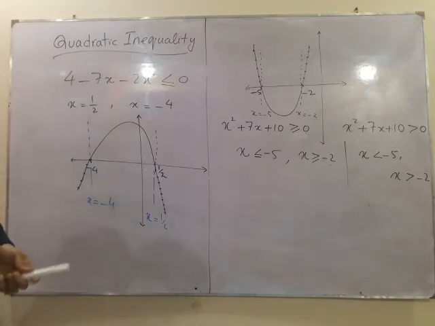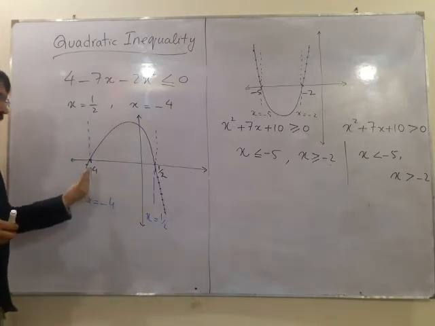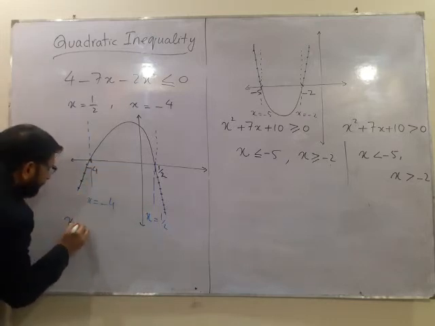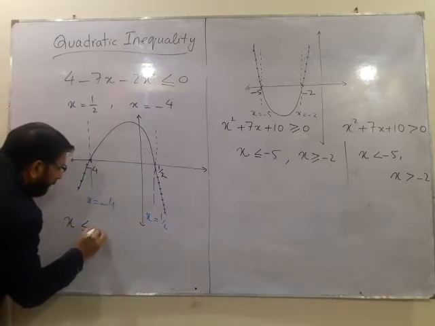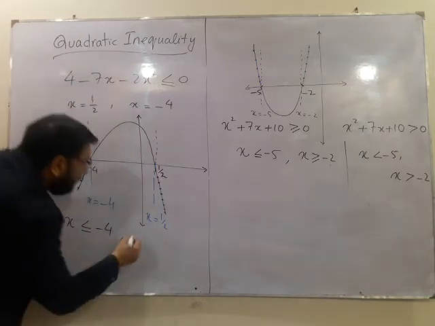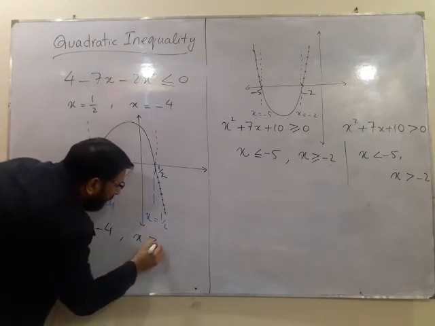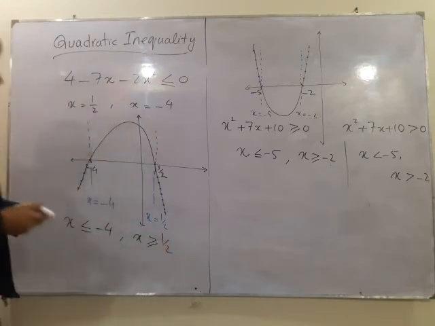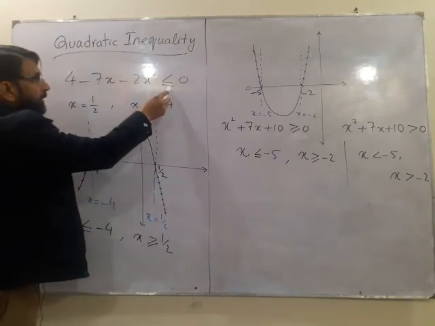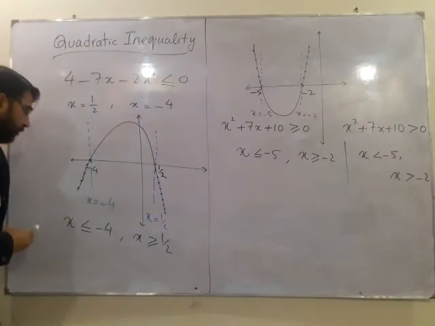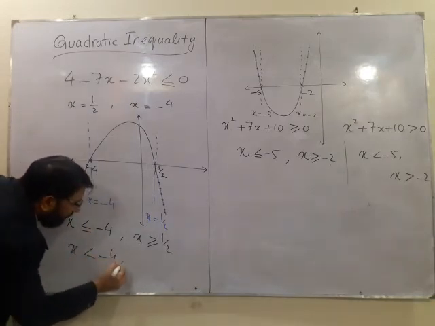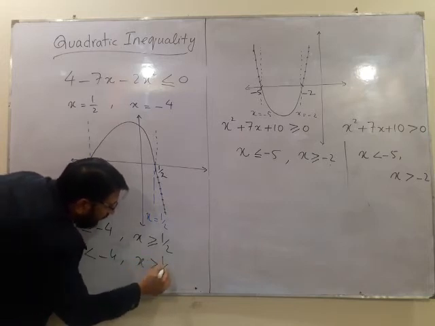So the solution is going to be, since this is lying on the left side of x equals minus 4, x is less than or equal to minus 4, and this is lying on the right side of half, so x is going to be greater than or equal to half. Similarly, if we remove the equality and look for less than, the answer changes a little, nothing else: x is less than minus 4 and x is greater than half.